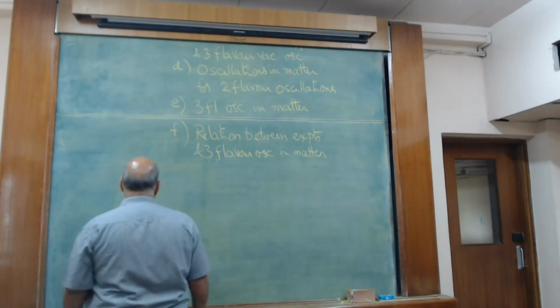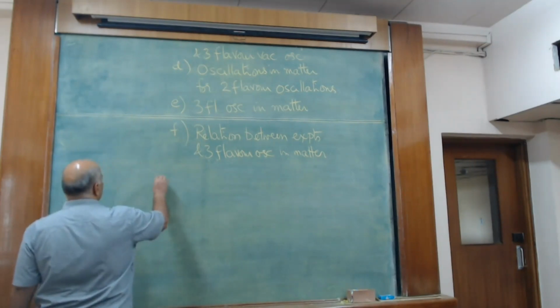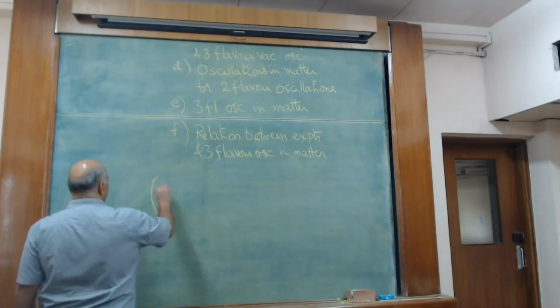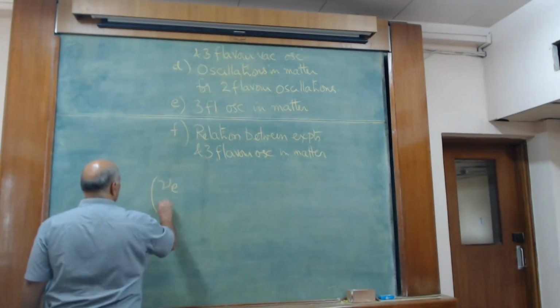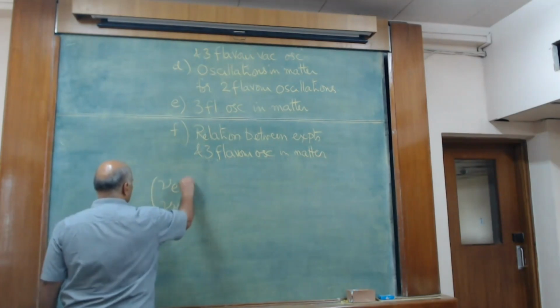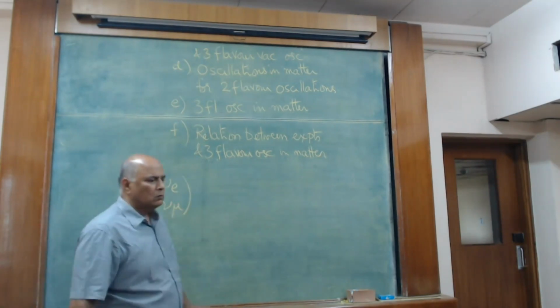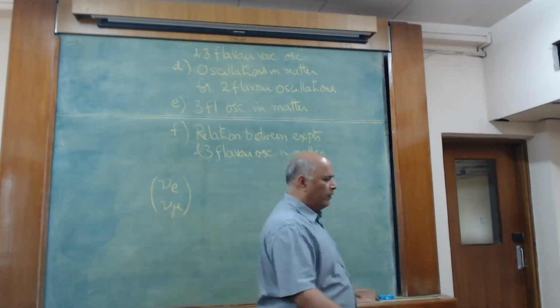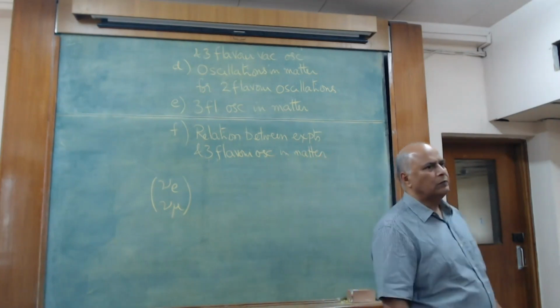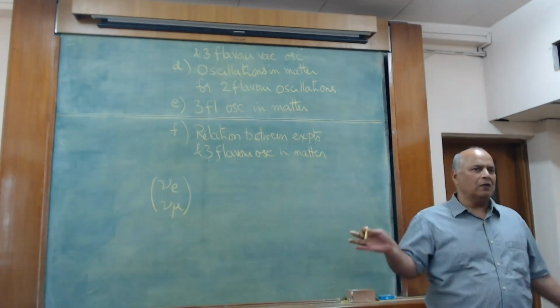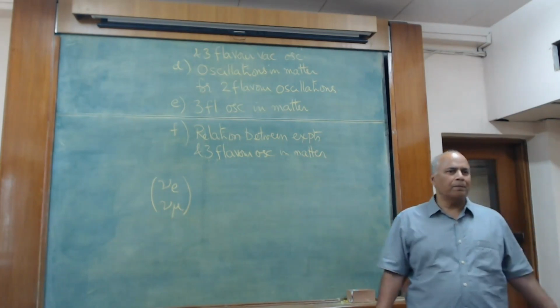So our starting point is that there are definitely two neutrinos, two different neutrinos which have nothing whatsoever to do with each other.